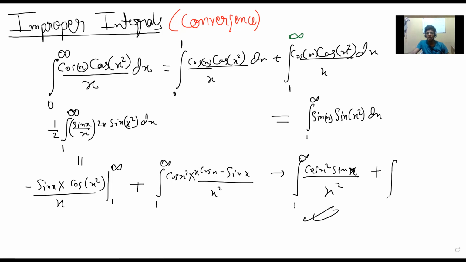No, but then what do you get? You get cos x square by x. No, but you end up with the same thing, and that's not good. That is not good, because it can just cancel, right? And we just get 0 equal to 0.